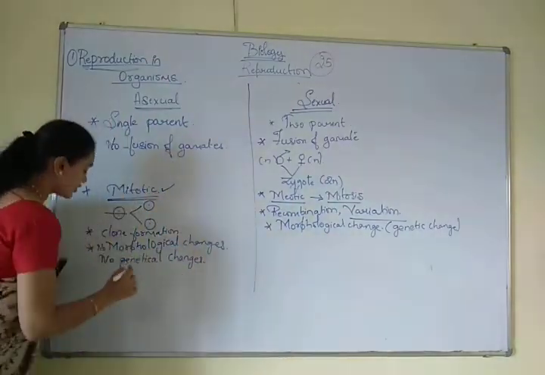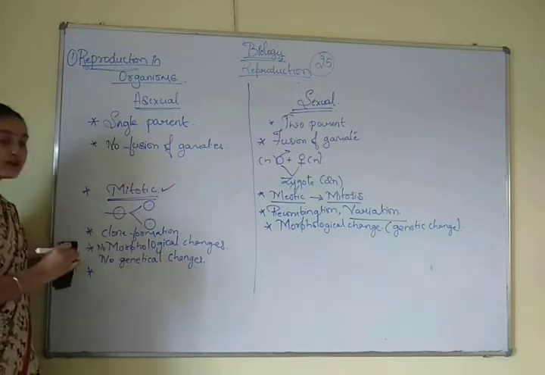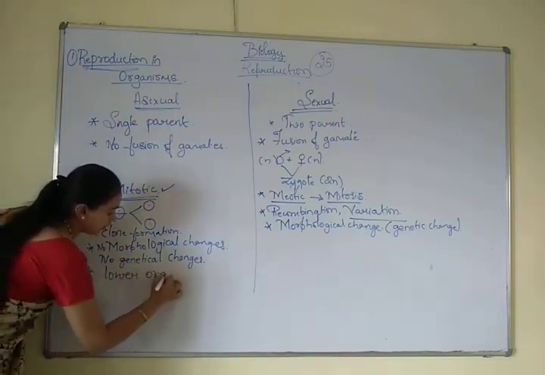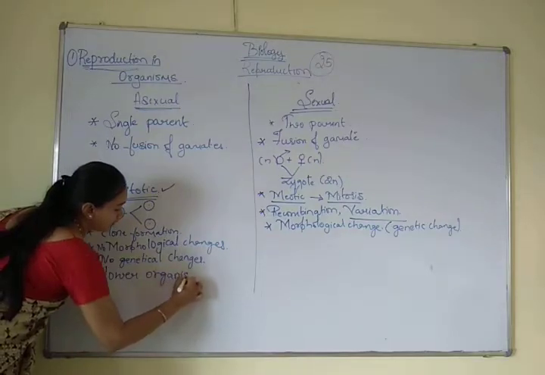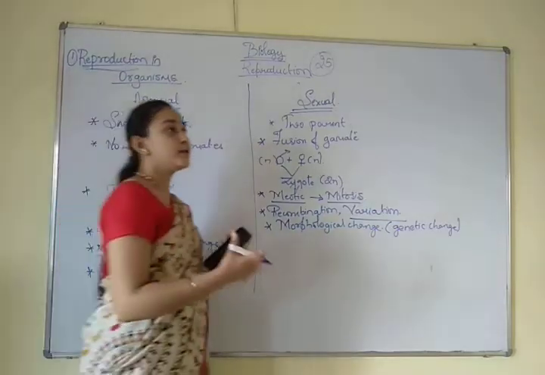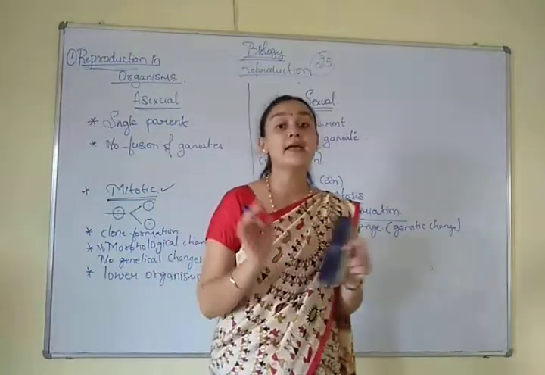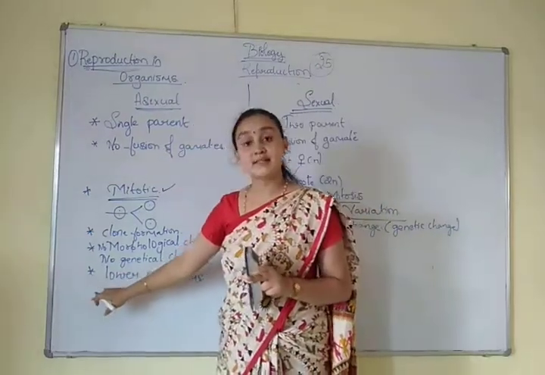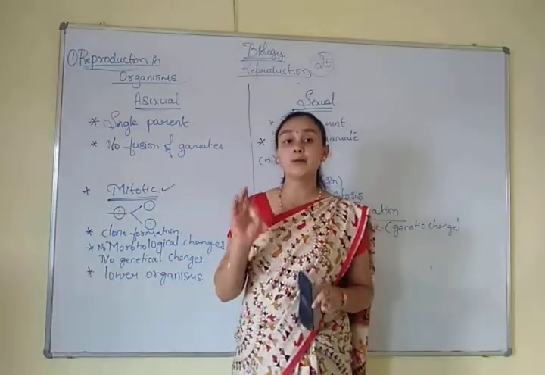So this asexual reproduction takes place in the lower organisms. Okay, lower organism ನಲ್ಲಿ ಒಂದು ಡಿಫರೆನ್ಸಸ್ ನಮಗೆ ಕಾಣಿಸ್ಕೊಳ್ಳುತ್ತೆ. ಅಂದ್ರೆ ಅಲ್ಲಿ reproductive organs will not be well developed. Right? Reproductive organs in lower organisms will not be well developed.